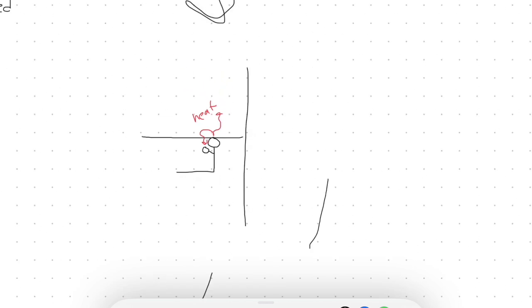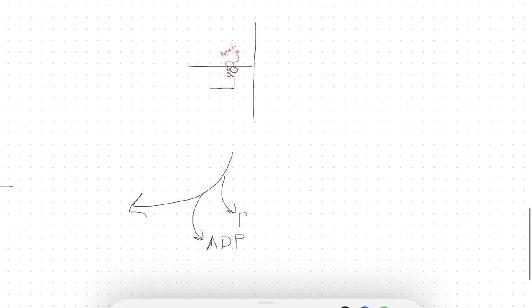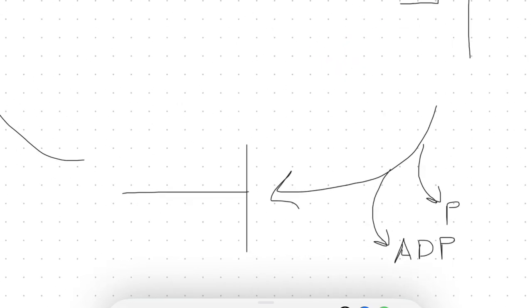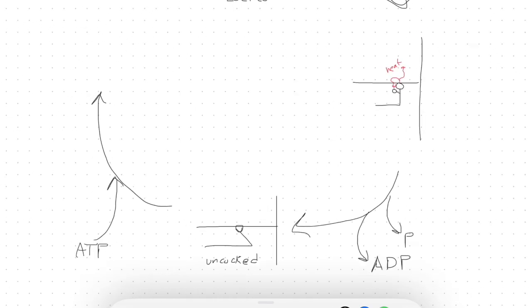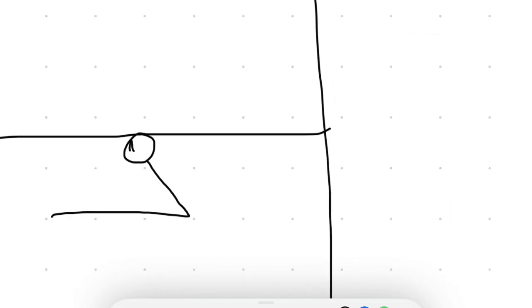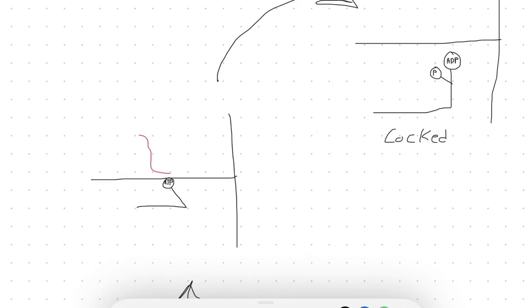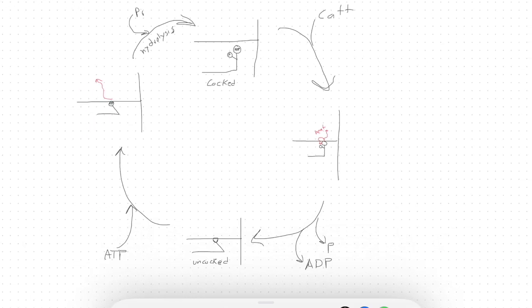And then following this, it will lose the ADP and move the head from a cocked to an uncocked position, causing a contraction of the muscle. ATP is then used to detach the head from the actin, and then it will go through hydrolysis, binding to a phosphorus molecule, which will return the head to a cocked position with ADP and phosphorus ready to repeat the cycle.